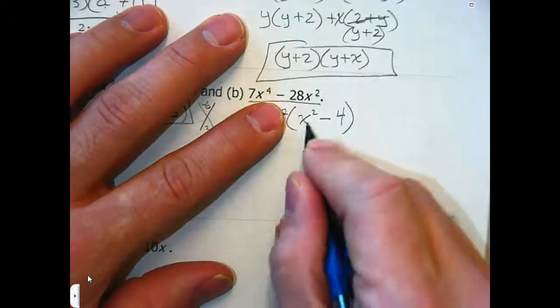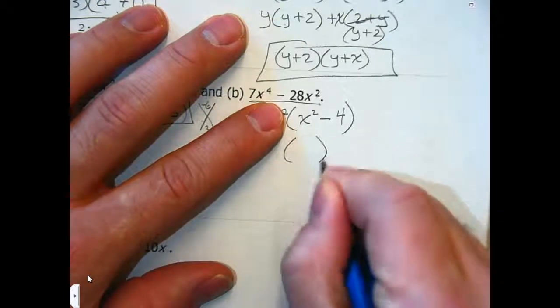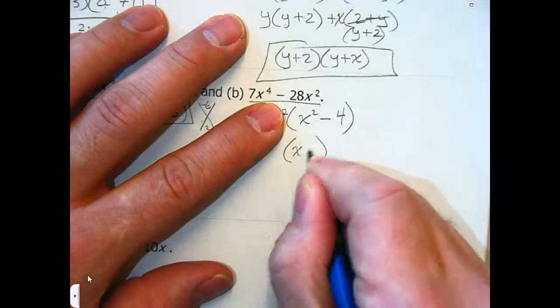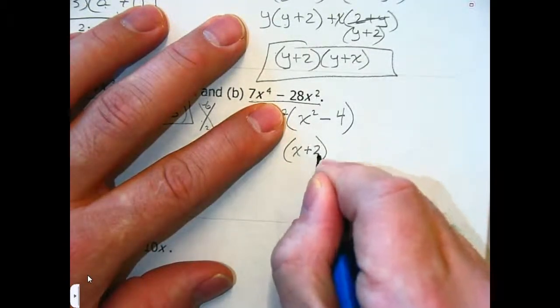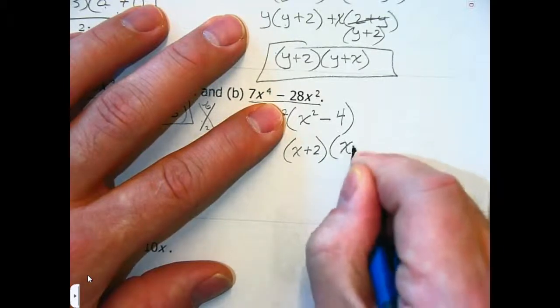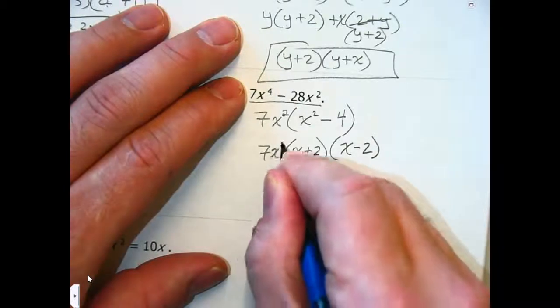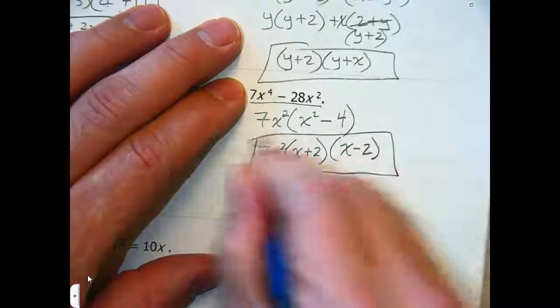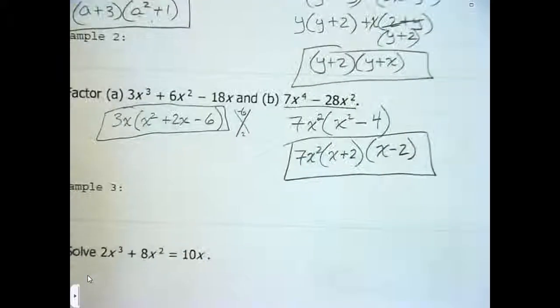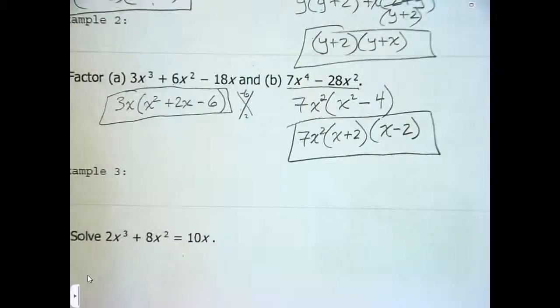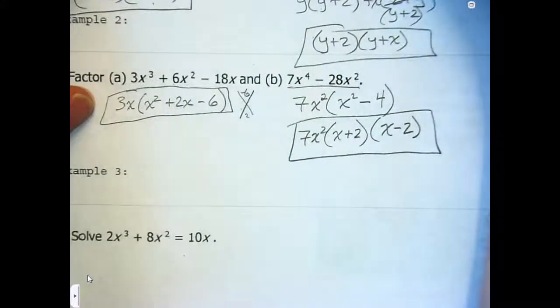Yes. It's difference of 2 squares. So you get x plus 2 and x minus 2. And then you bring down the 7x squared. You have now factored completely. You got to apply them all together. That makes it a little tougher.